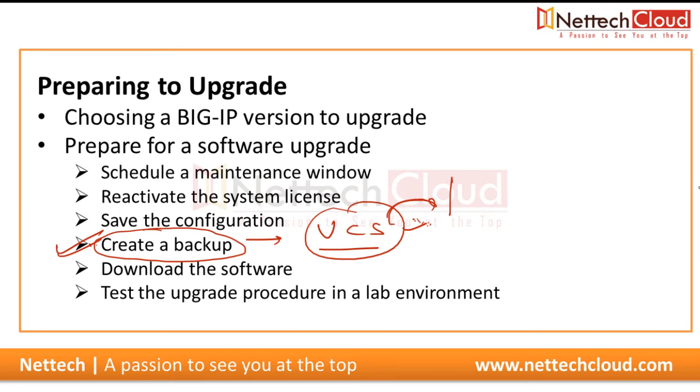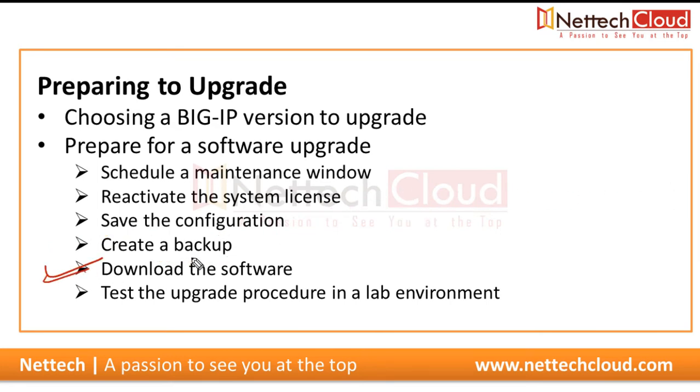And then the next step is to download the software. I will show you how to download the software and which software you need to download, because you need to download the ISO version of the upgrade version. In this demonstration, I'll be using 16.x for the upgrade.